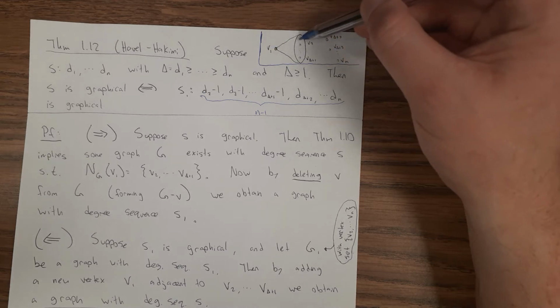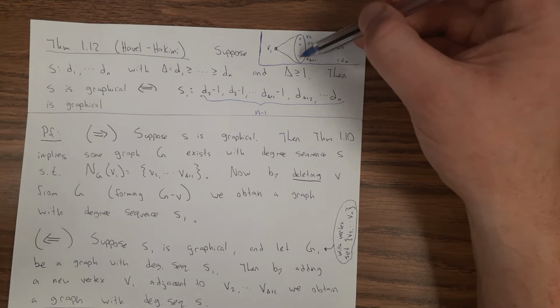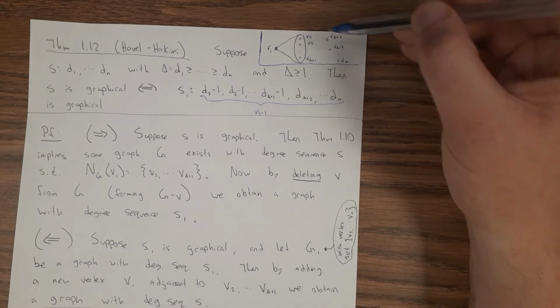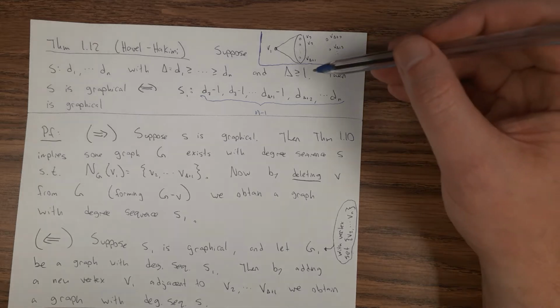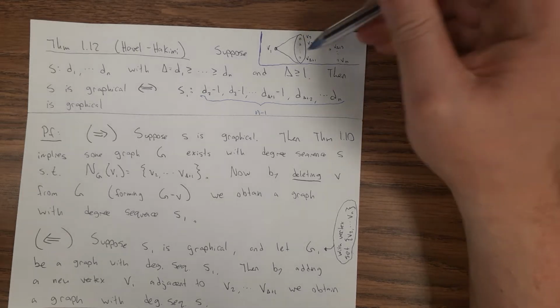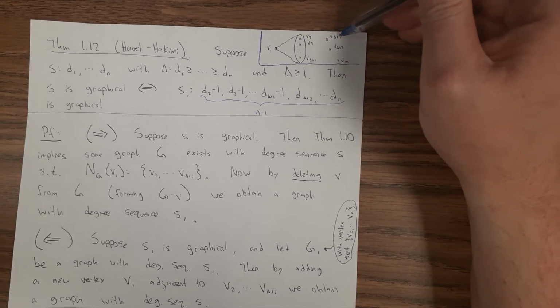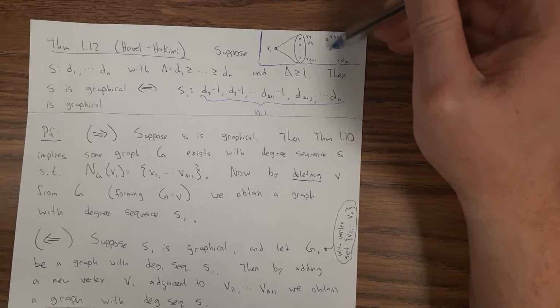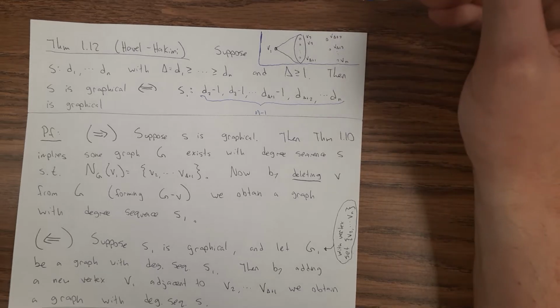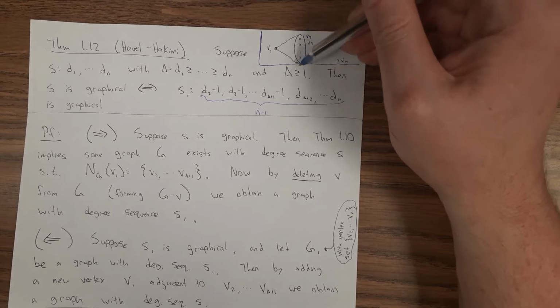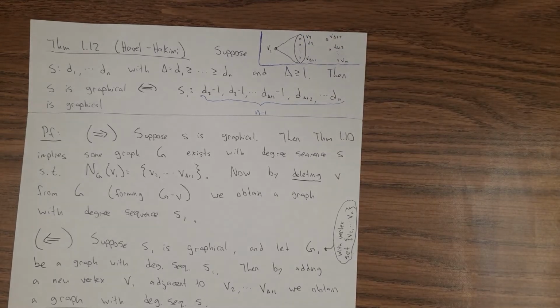So the neighbors of V1 are V2, V3, V4, all the way up to V sub delta plus 1, so that there's a total of delta of them. And then maybe there are other vertices in the graph, but those are not neighbors of V1. The neighbors of V1 are all in a consecutive block starting at V2.